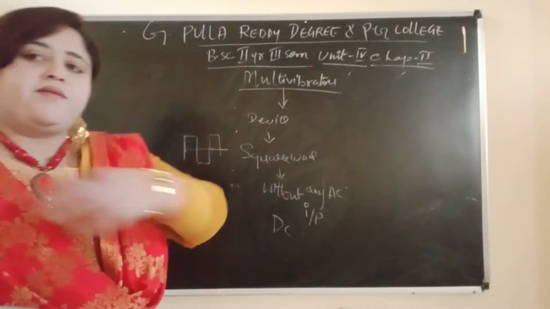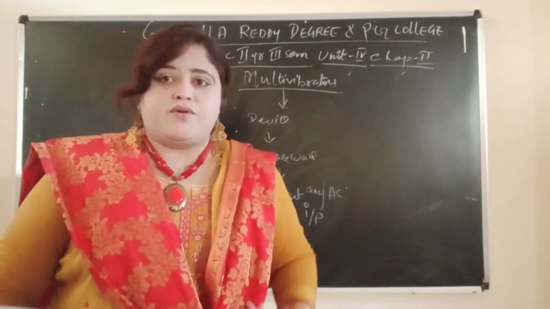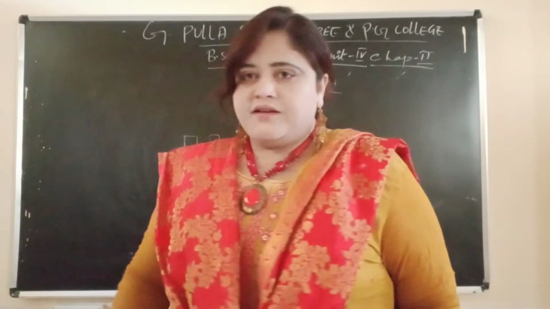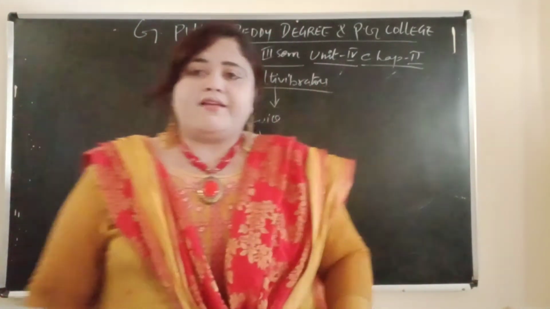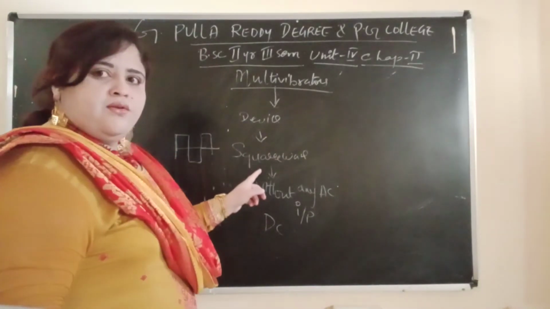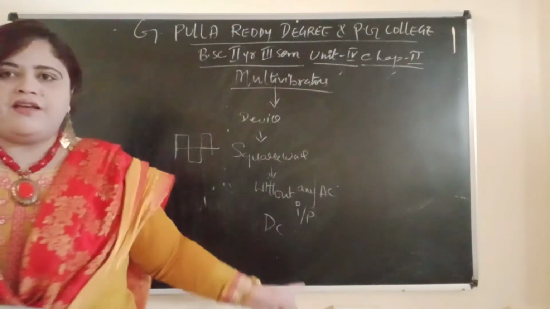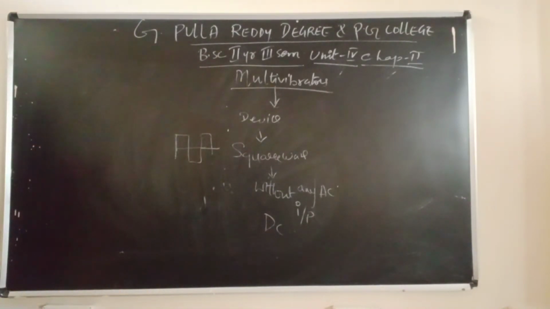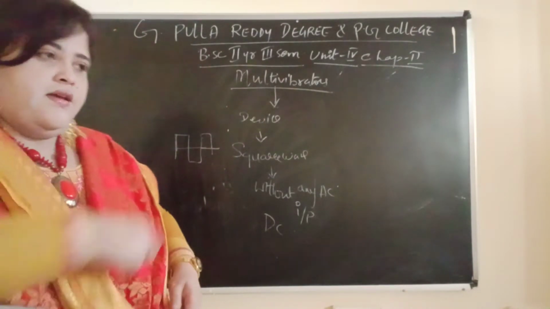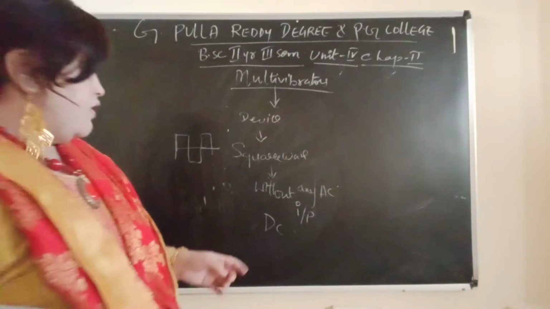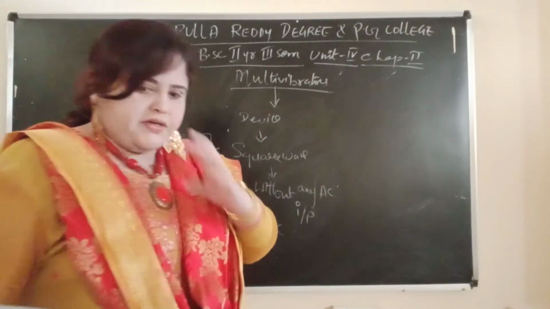So what is a multivibrator? A multivibrator is nothing but a device which can generate the square wave without any AC input. Without any AC input, it can generate output in the form of a square wave, as long as the DC power supply is connected to it.